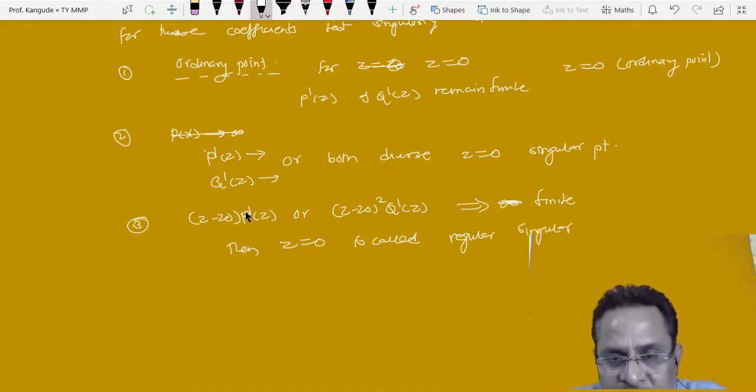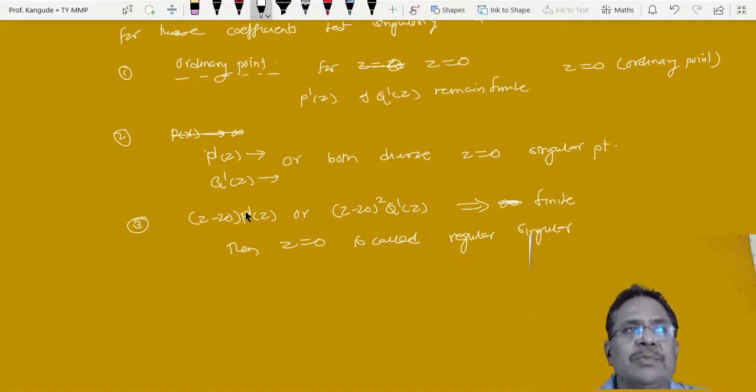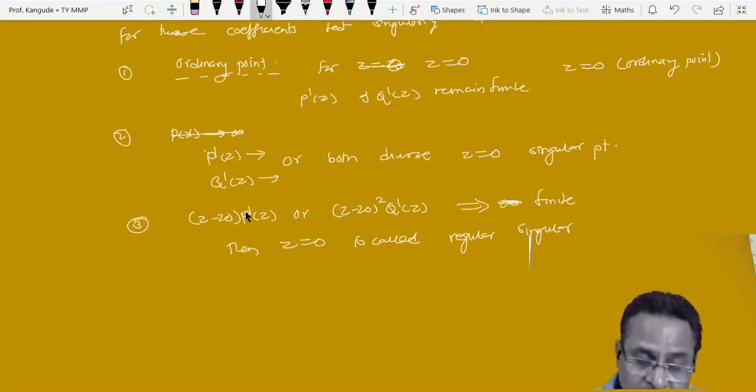In other words, x equal to infinity is a regular singular point of the given differential equation, y double dash plus p of x into y dash plus q of x into y equal to 0. That means it is a regular singular point. If z equal to 0 is a regular singular point of this differential equation, then x equal to infinity is a regular singular point of our earlier given differential equation.